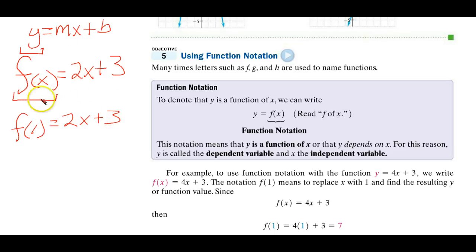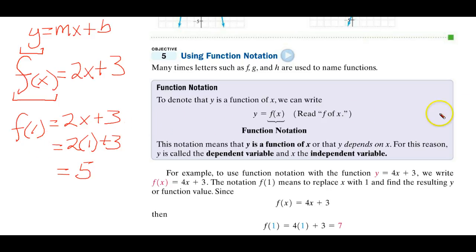Well, it would mean to take the 1 and replace it where the x is. So this would be 2 times 1, this value for x, plus 3, and we get 2 plus 3 is 5. And we did that in our t-charts in the previous section.